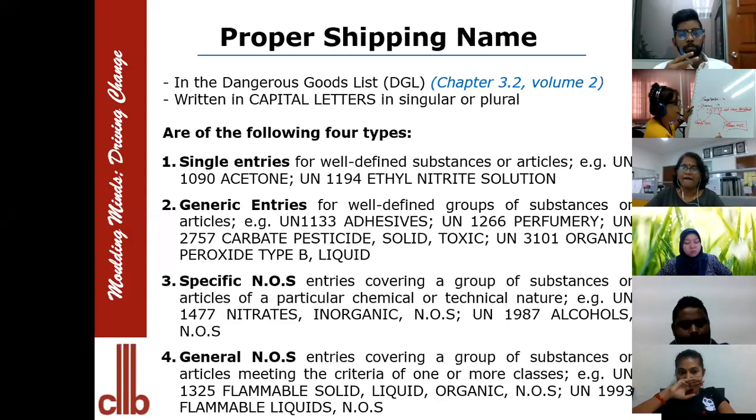Because what a generic NOS does is take the main hazard. If the substance's main hazard is that it's a flammable liquid, then it will take UN 1993 flammable liquid, and then it will have a comma, NOS. That is what it'll say.